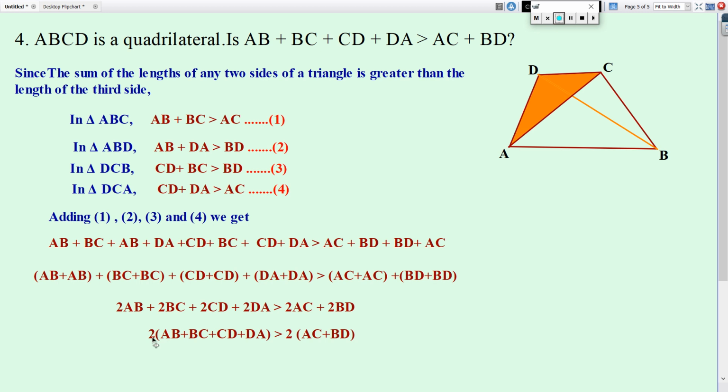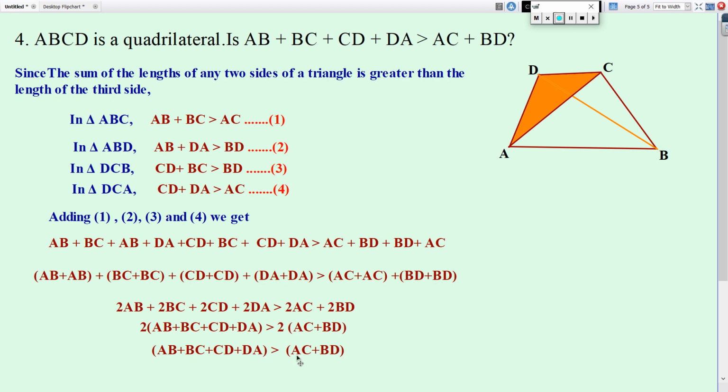This we can write as 2 into AB plus BC plus CD plus DA greater than 2 into AC plus BD. Now on both sides 2 is there. Divide both sides by 2, you get AB plus BC plus CD plus DA greater than AC plus BD. So here also, hence we can write it is true.